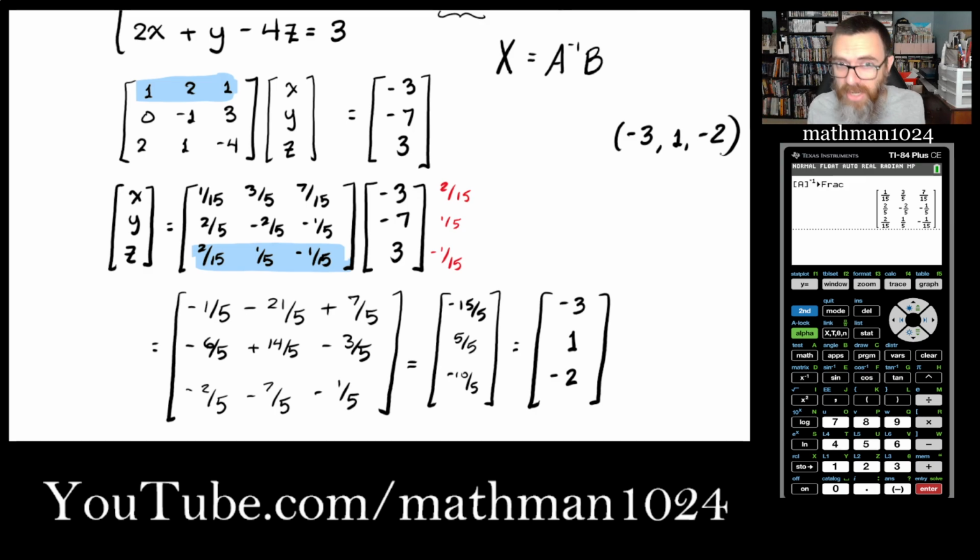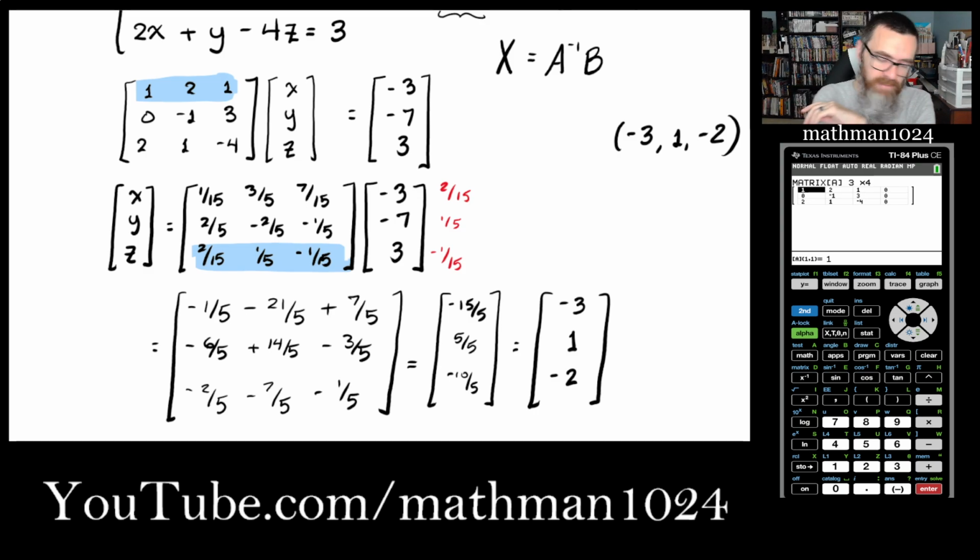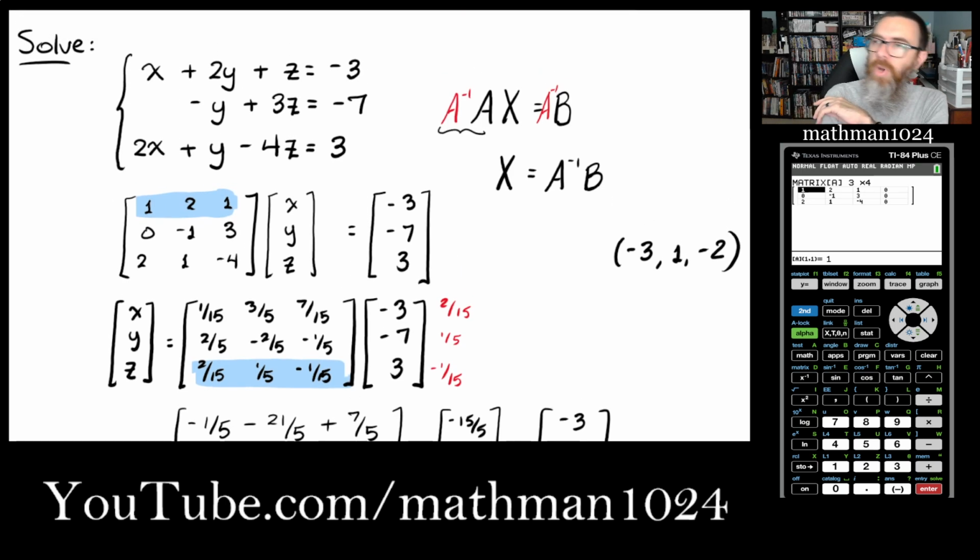Again, you can easily check that. But you know what? We've got a calculator. So let's double, triple check everything. So let's change this into a 3 by 4 matrix. Now, cool thing here is that when I did that, it still has the same coefficients that we have here on the left side. The 1, 2, 1, the 0, negative 1, 3.